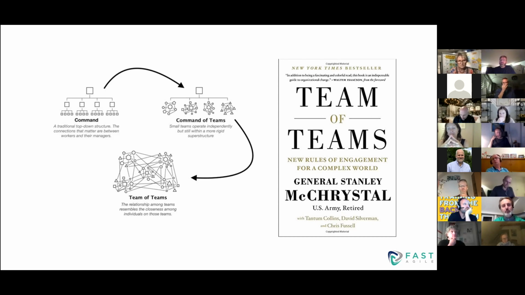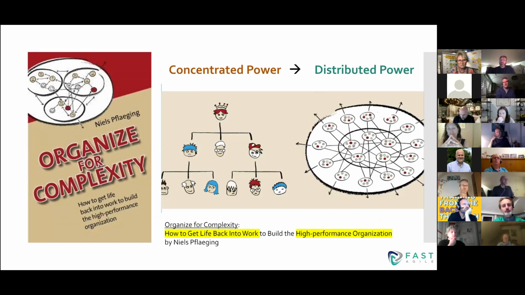Another image here is that concept of distributed power or distributed decision making. Now we're moving from the point on the left. This is Niels Pflaeging's book, Organize for Complexity.